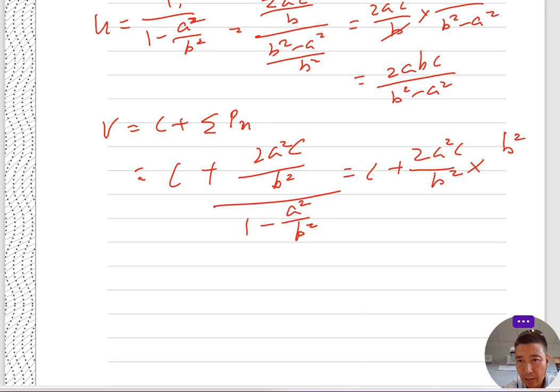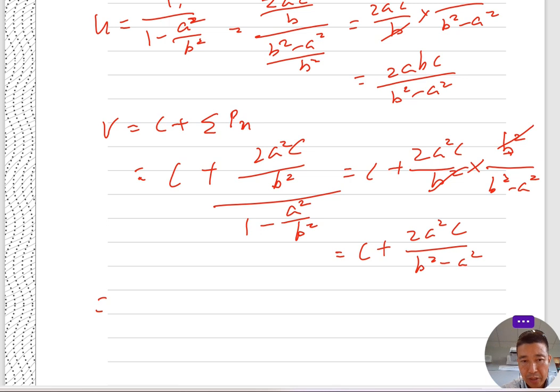The common denominator is B squared. So B squared over B squared minus A squared, right? So it equals C plus, and B squared is gone, 2A squared C over B squared minus A squared.